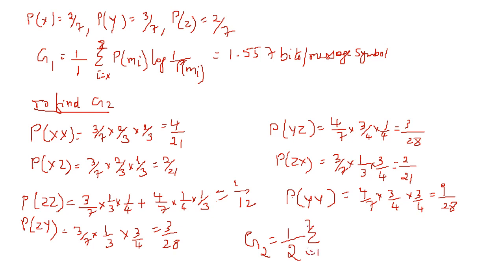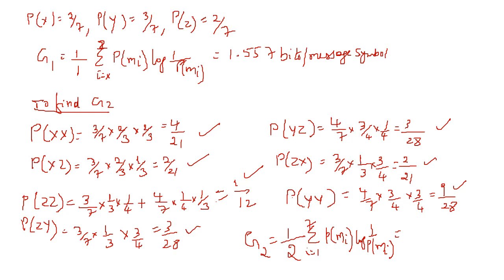So you have 7 symbols here, 7 combinations, 7 P of Mi into log of 1 by P of Mi. Just substitute and find the answer for all these probabilities, that is 4 by 21, 2 by 21, 1 by 12, 3 by 28, 3 by 28, then 2 by 21 and 9 by 28.